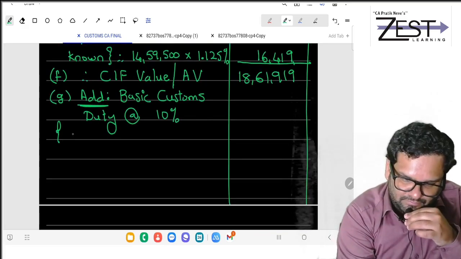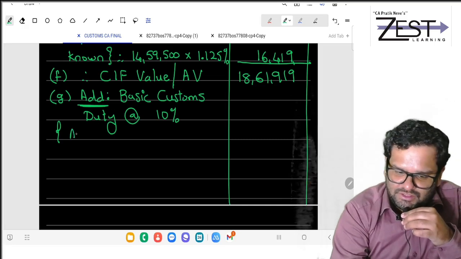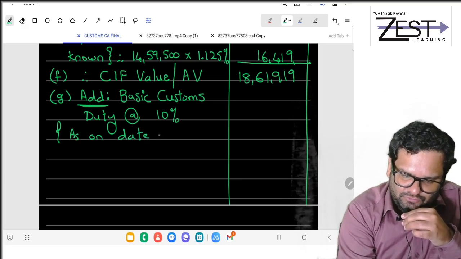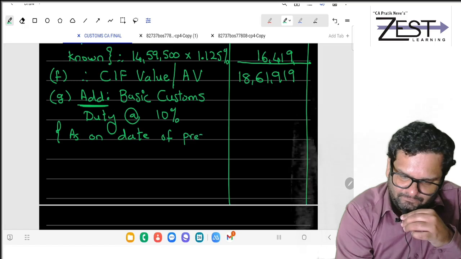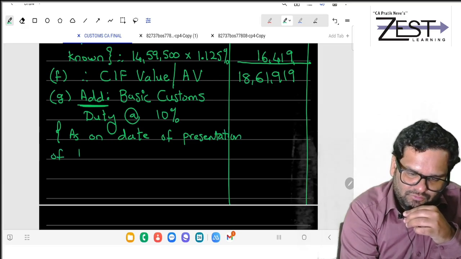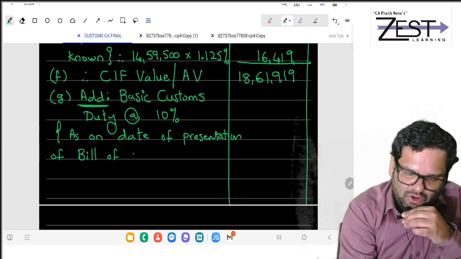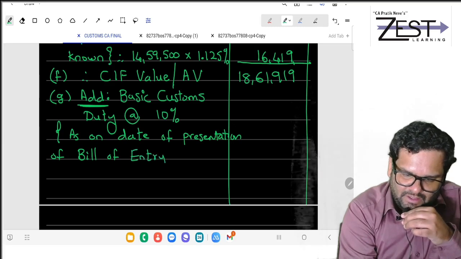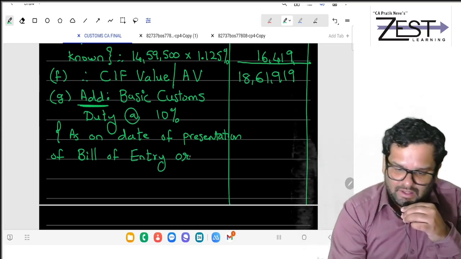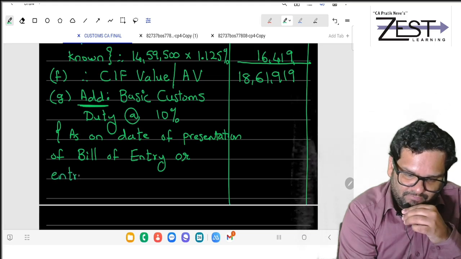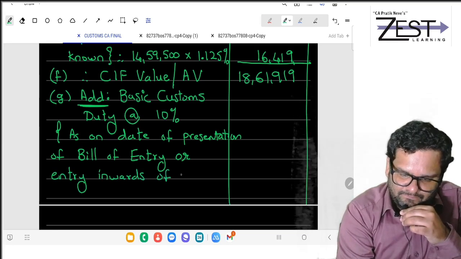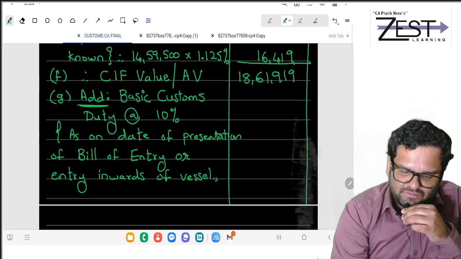Because it is the one which is as on date of presentation of bill of entry or entry inwards of vessel, whichever is later.